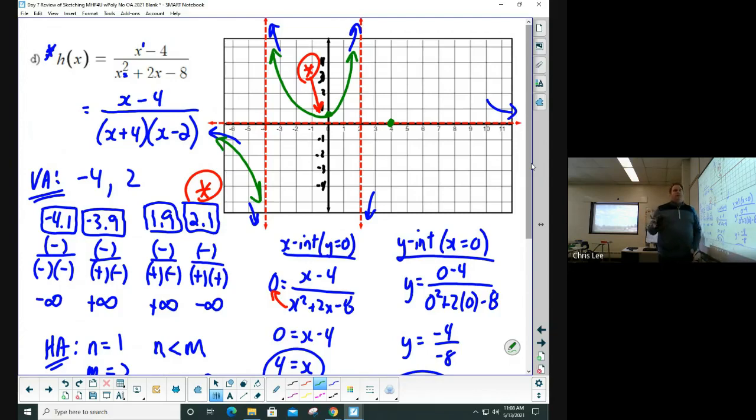And then to the right, I have 2 unique things. Normally, I would guess that it would do this, but it doesn't. The 2 clues that tell me it doesn't do that is there's an x-intercept and it tells me it comes from above. So if you recall, what actually happens is it comes up, goes through here, and then makes a bump.